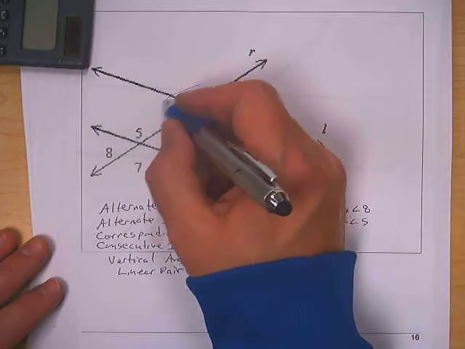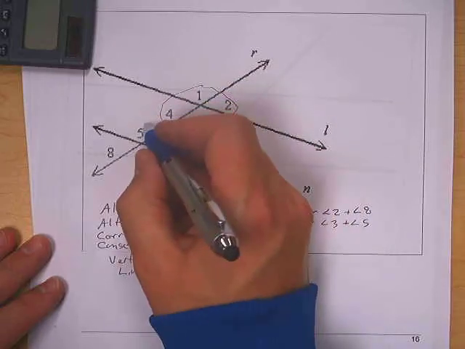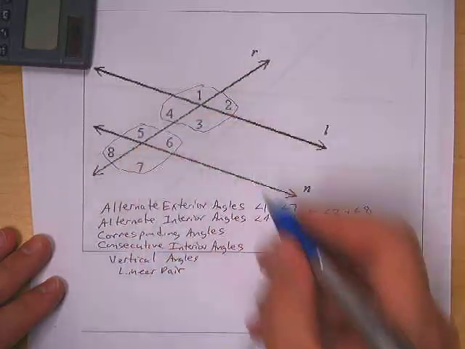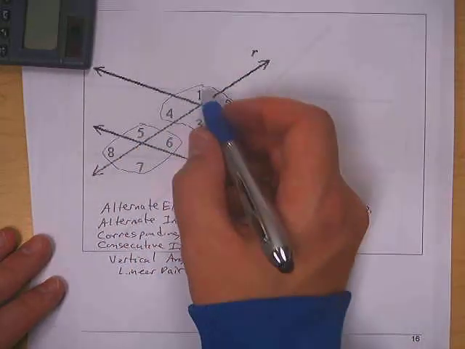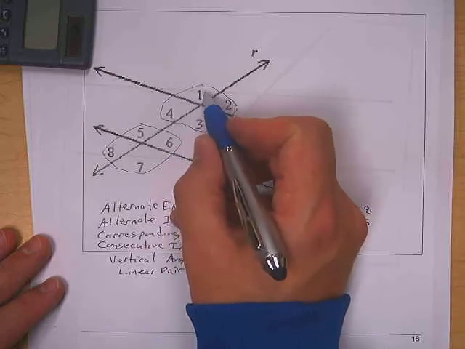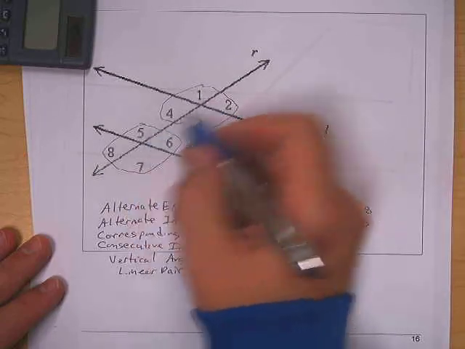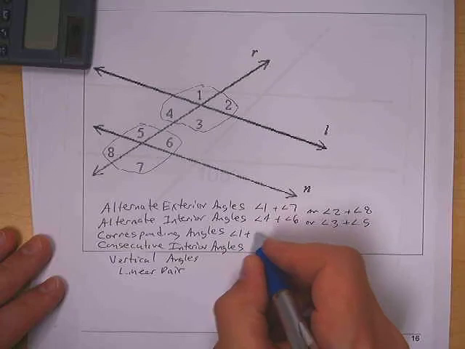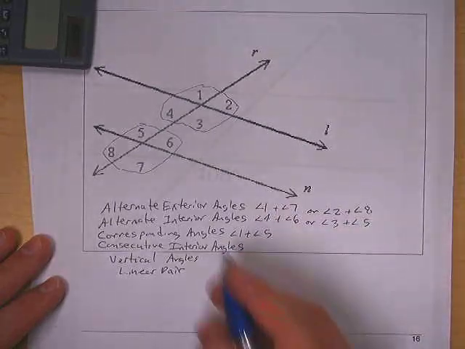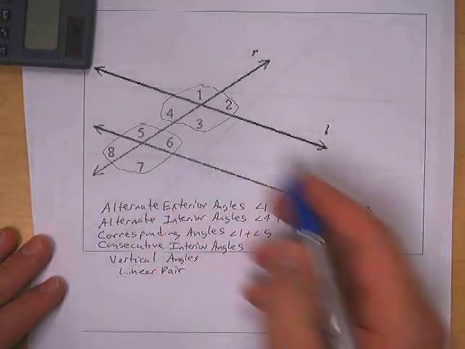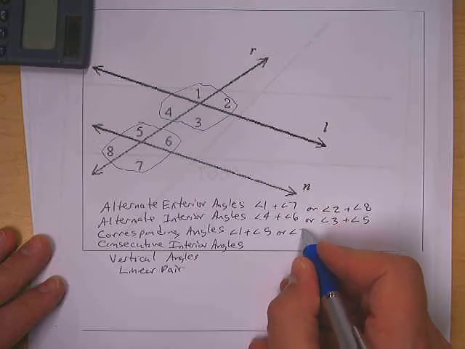Corresponding would be in the same position. For instance, if you look at this group of 4 angles and this group of 4 angles, the angles that are in the same position, for instance, 1 is top left, 5 is top left. So 1 and 5 would be corresponding.